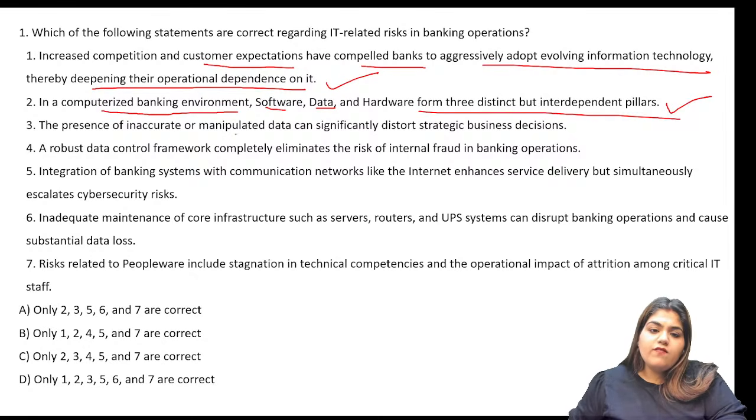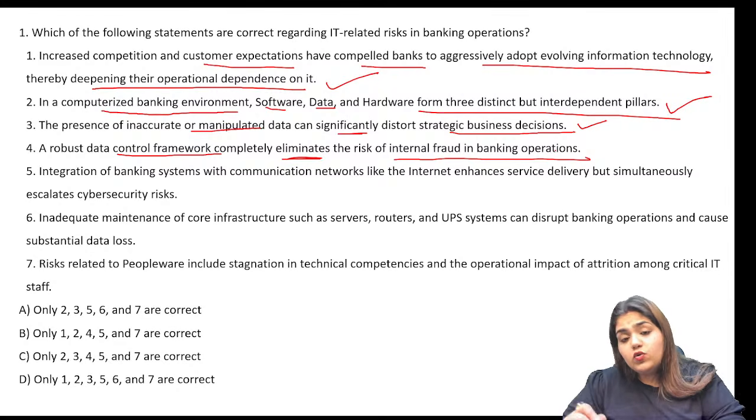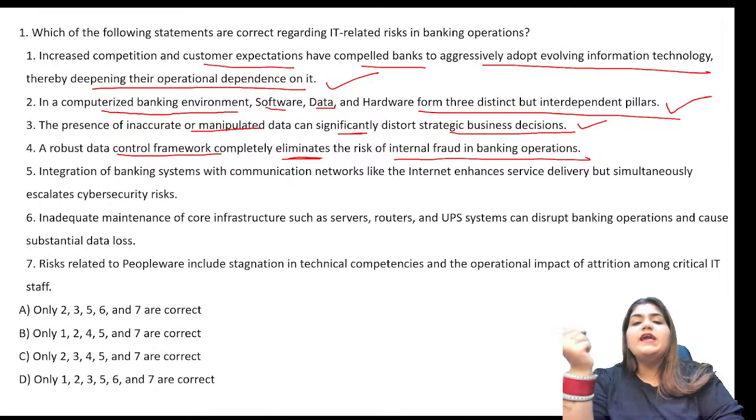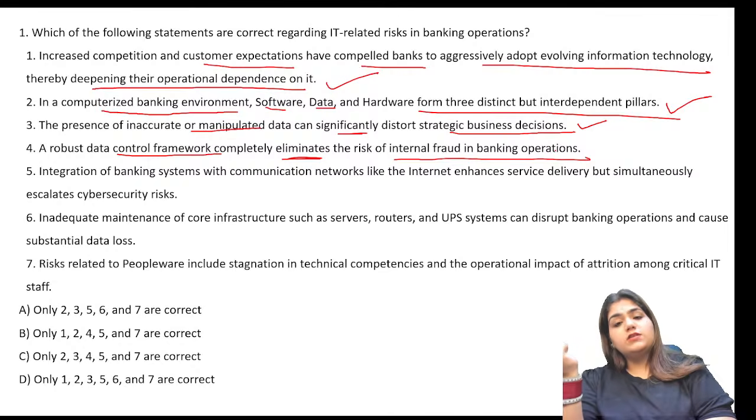The presence of inaccurate or manipulated data can significantly damage strategic business decisions. Yes. A robust data control framework completely eliminates the risk of internal fraud. See, you cannot completely eliminate internal fraud. It does reduce it, but how can you eliminate internal fraud? Frauds cannot be eliminated as a whole. They can be reduced, whether internal or external.